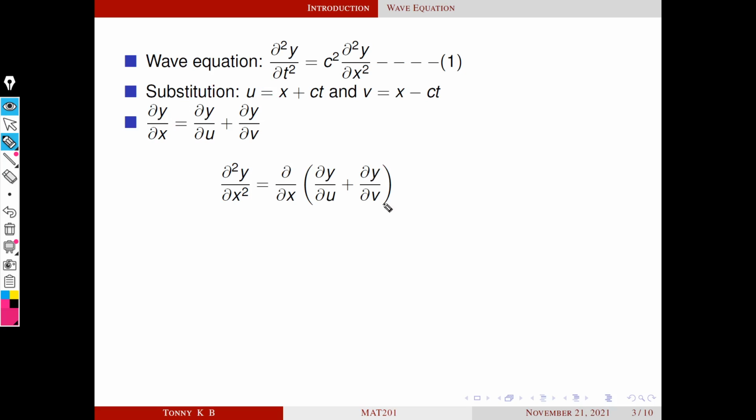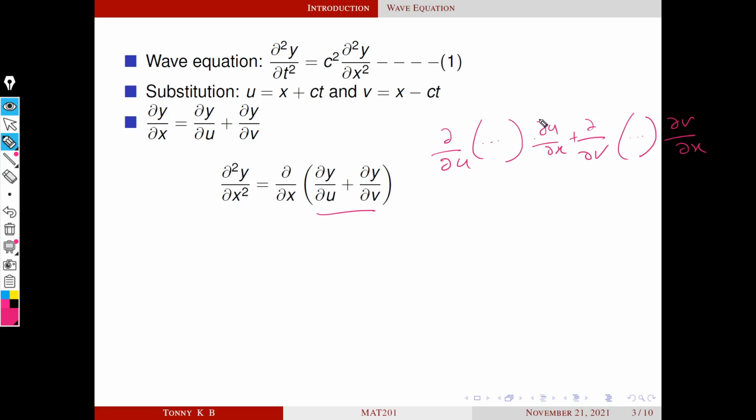Then how to evaluate this derivative? We can use the same rule, the only difference being that instead of y we have ∂y/∂u + ∂y/∂v. That means ∂/∂u of this quantity into ∂u/∂x, plus ∂/∂v of the same quantity into ∂v/∂x.